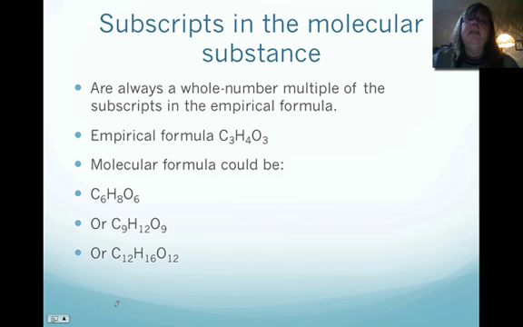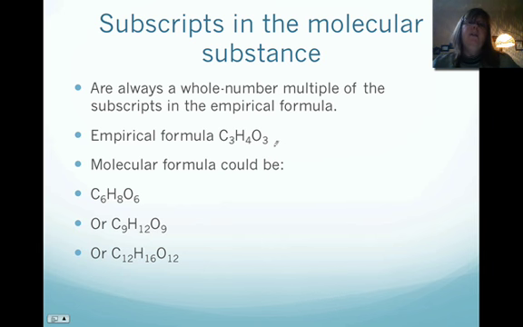So the subscripts in the molecular substance are always a whole number multiple of the subscripts in the empirical formula. So if we had an empirical formula here, C3H4O3. So here's the empirical formula. That's the simplest whole number ratio of those atoms. It's a 3 to 4 to 3 ratio.